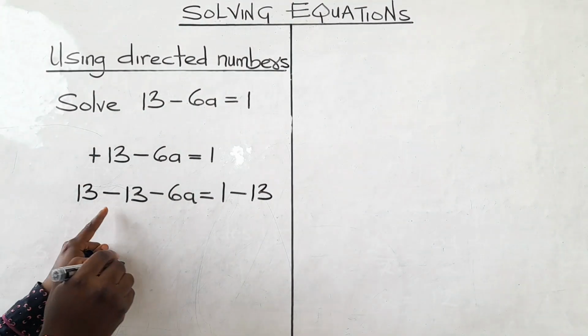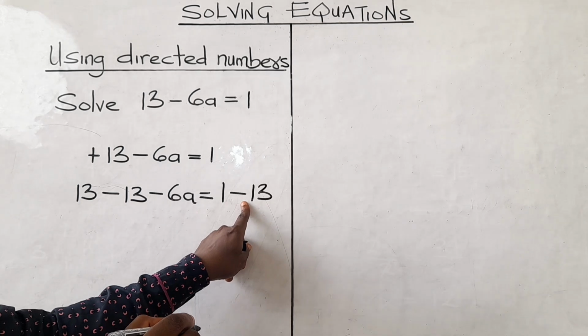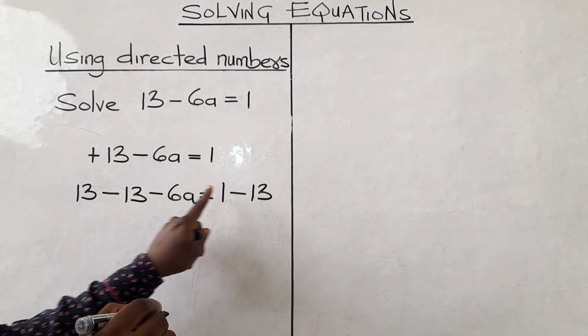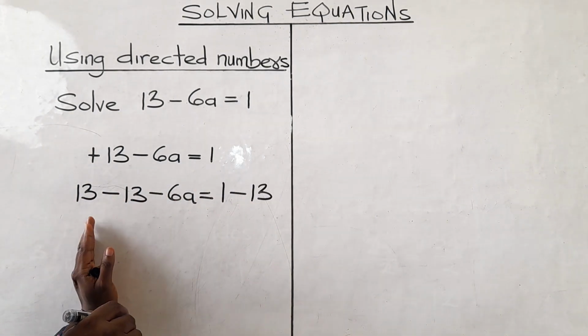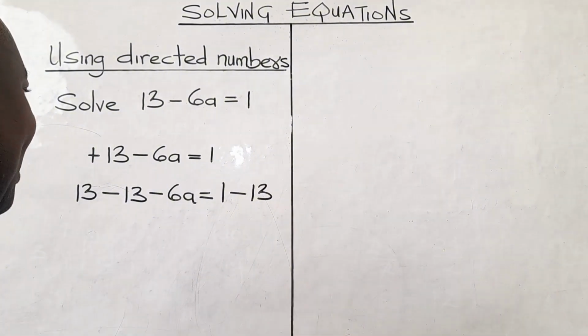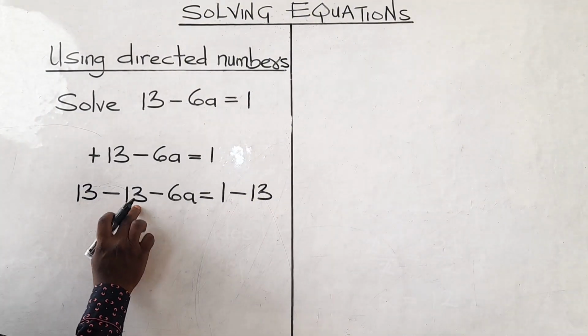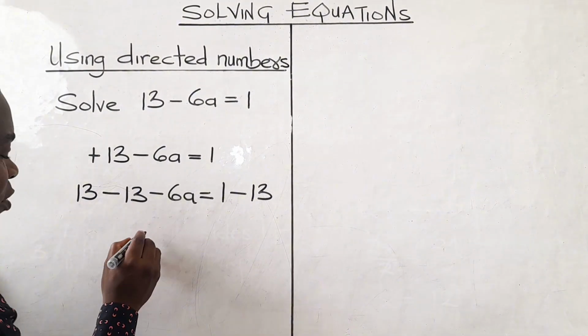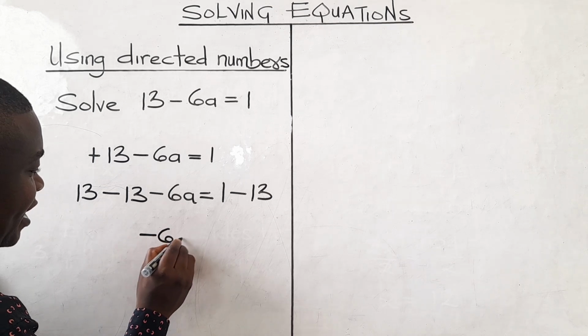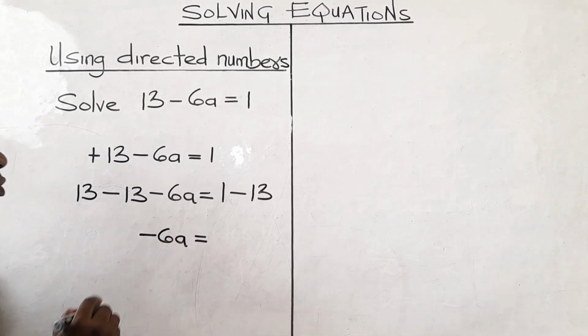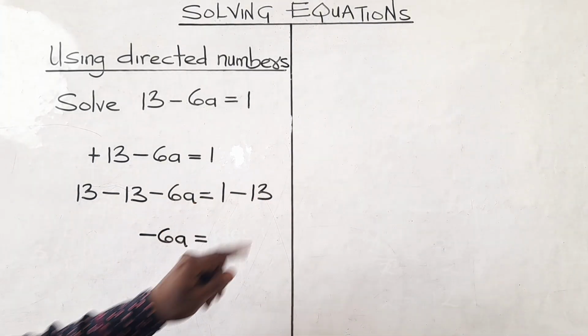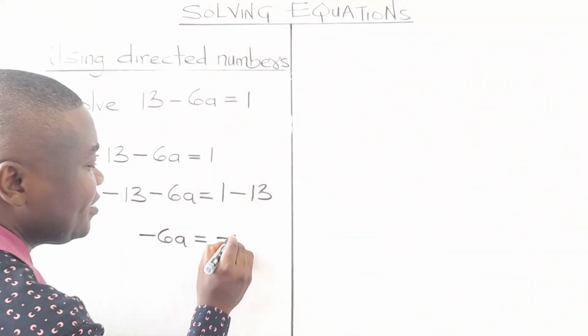We subtracted 13 from both sides. We put this negative 13 here and here, both at the left hand side and at the right hand side. So 13 minus 13 becomes 0. What you have left is negative 6a equal to 1 minus 13, which is negative 12.